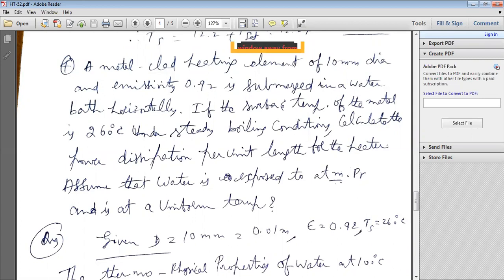See, emissivity here, radiation effect. If the surface temperature of the metal is 260 degrees centigrade, Ts, under steady boiling conditions, calculate the power dissipation per unit length for the heater. Power, that is heat transfer rate, heat dissipation Q for the heater.